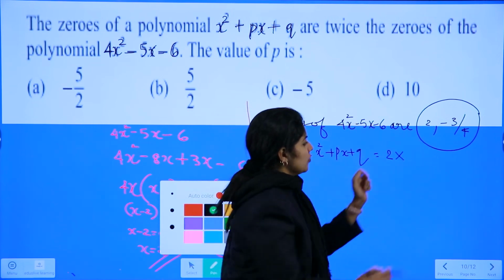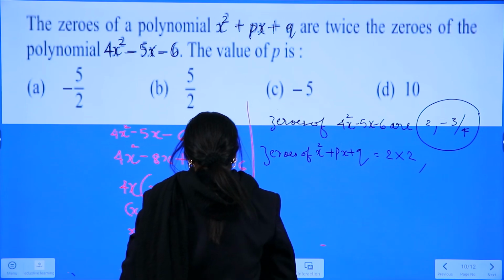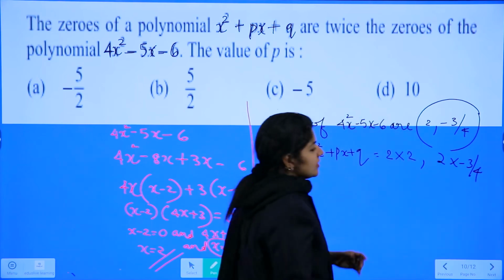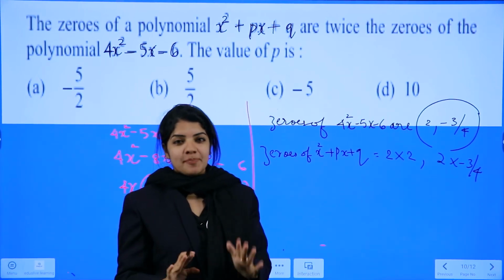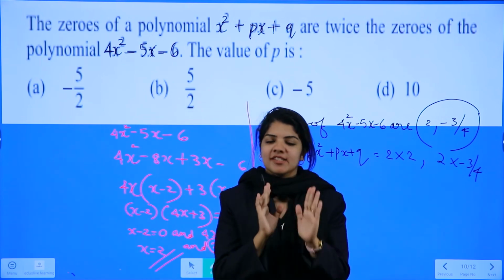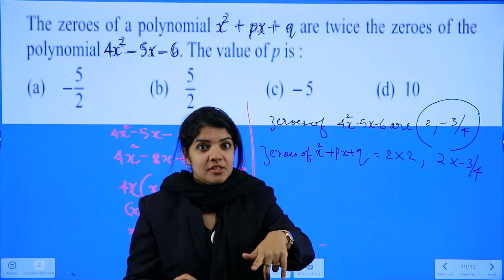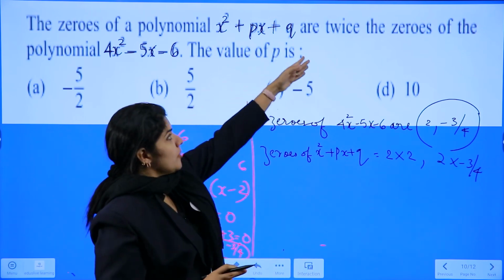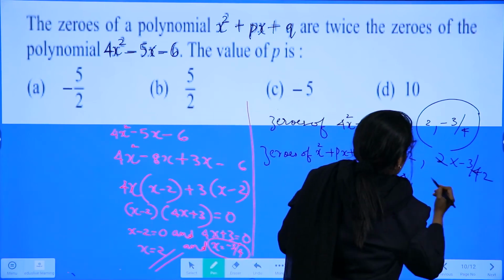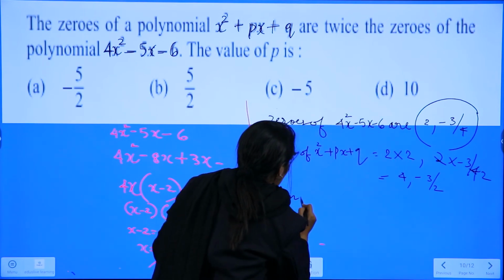So first we will find the zeros of 4x square minus 5x minus 6. Once we find the zeros, we will double them, because it is given in the question that it is twice. So 2 times 2 is 4, and 2 times negative 3 by 4 is negative 3 by 2.